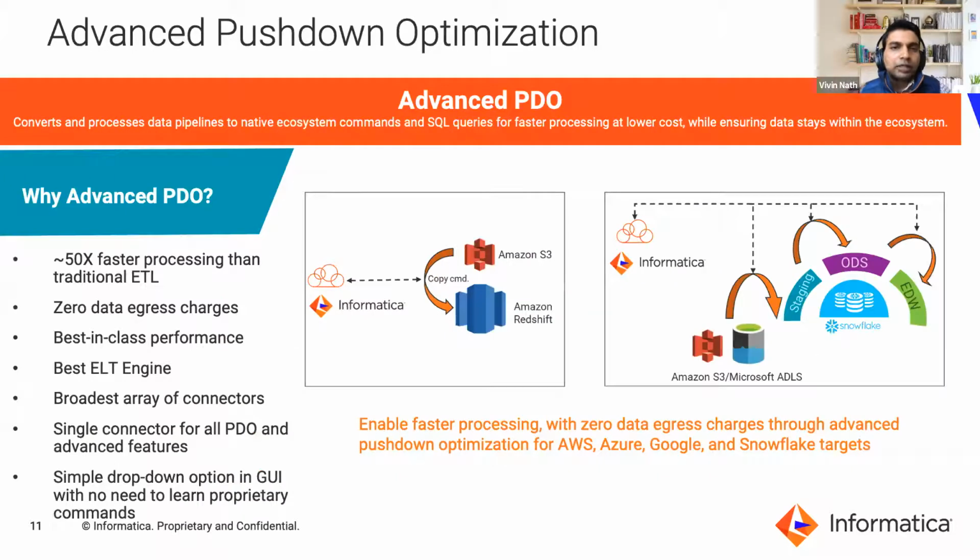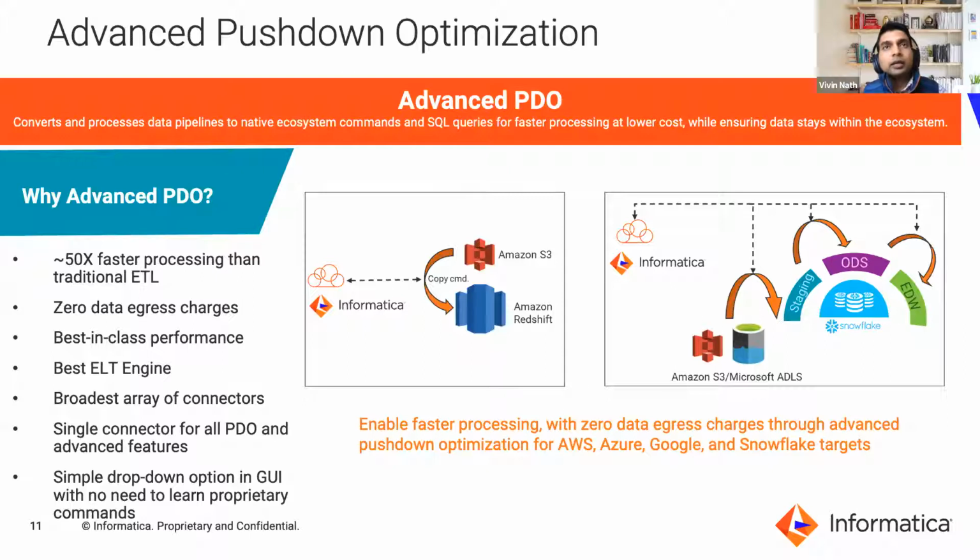So let's start with the pushdown execution. What advanced pushdown optimization does is it converts your mappings to native ecosystem commands and SQL queries so that they can execute directly on your ecosystem. For instance, you're moving data from S3 to Redshift, it will execute that directly on this ecosystem so that you're not moving the data out, so you don't incur any data egress charges.